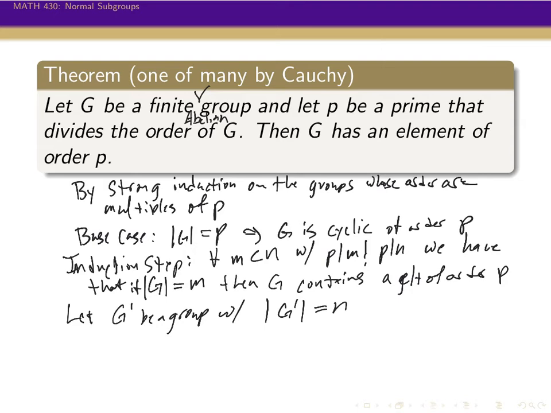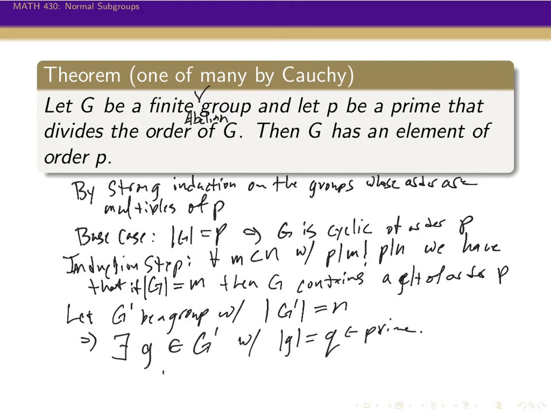Using what we have already proven, we know that G prime has some element of prime order, and so this means there exists some G in G prime, not the order of G prime, just G prime by itself, with the order of G equaling Q, which is prime.